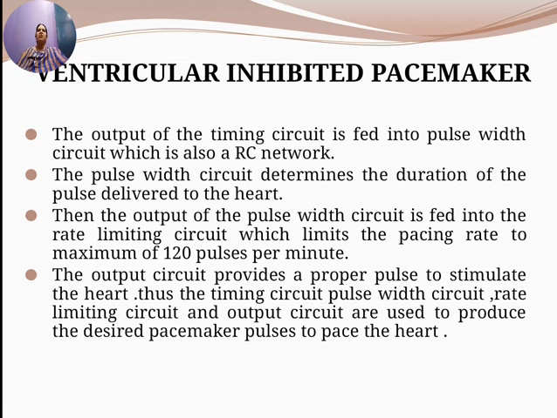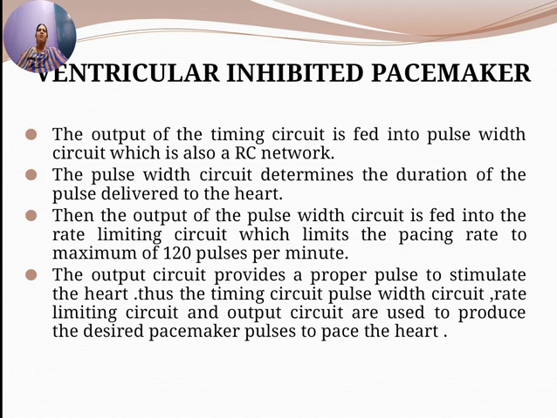Now the pulse generator is ready to produce the pulses. The output of the timing circuit is fed into the pulse width circuit, which is also an RC network. The pulse width circuit determines the duration of the pulses delivered to the heart. Then the output of the pulse width circuit is fed into the rate limiting circuit, which limits the pacing rate to a maximum of 120 pulses per minute.